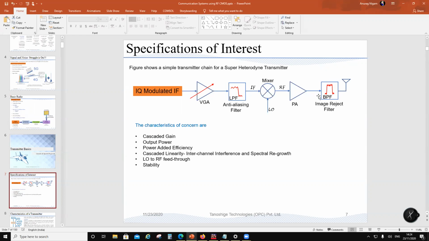And what would I be looking at? I would be looking at cascaded gains, gain compressions across the channel, and the output power. All these questions I would refrain from answering right now, because ours is a very basic workshop.